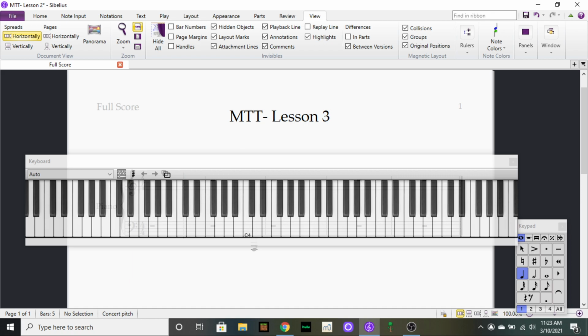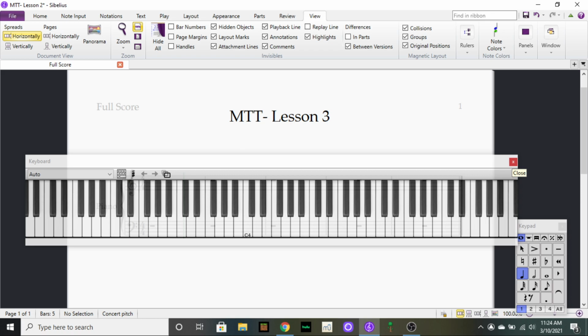As you can see, C4 to C5 counts as the octave of a C. But this is C1, and the notes below are B0, B flat 0, A0. Those are the lowest notes on the keyboard. I hope that makes sense.